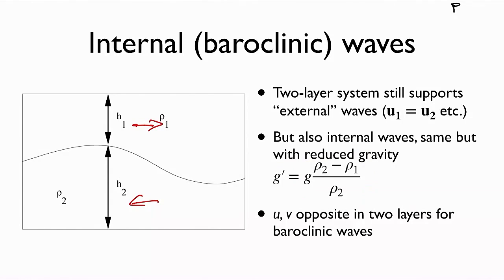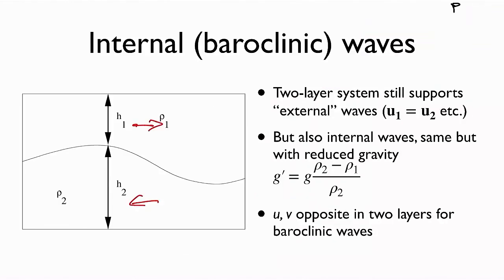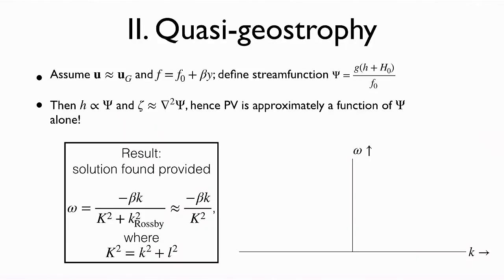So if you have 2 fluids whose density is only maybe 1% different, you're going to get a wave that has a G prime that's only 1% as big, which means it's going to move 10% as fast. And that's kind of what we see with baroclinic waves. They move a lot slower, but they have similar dynamics. Okay, so that's just an aside, so keep in mind that when we're talking about one layer, it applies to fluids with more layers.